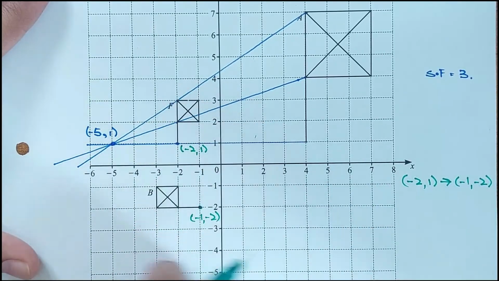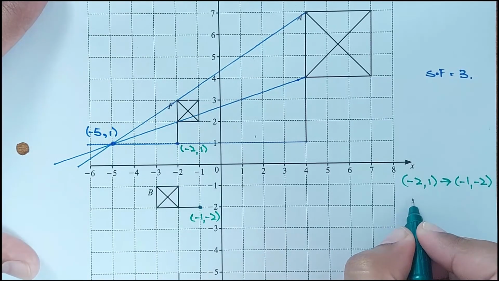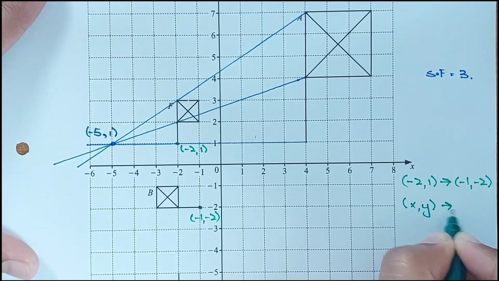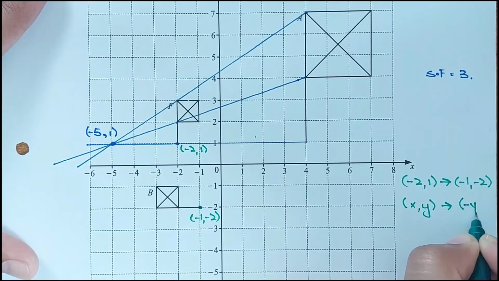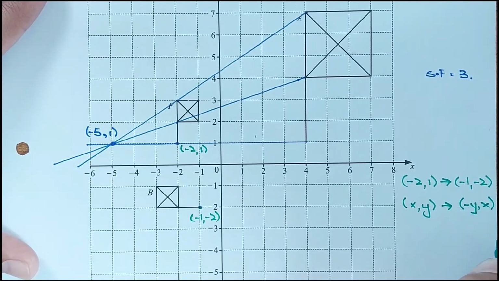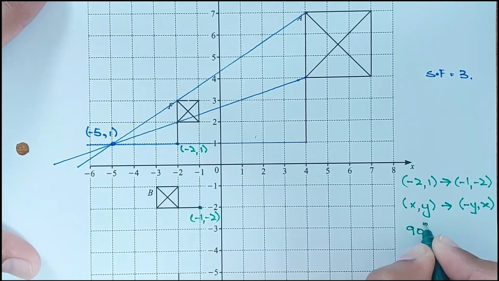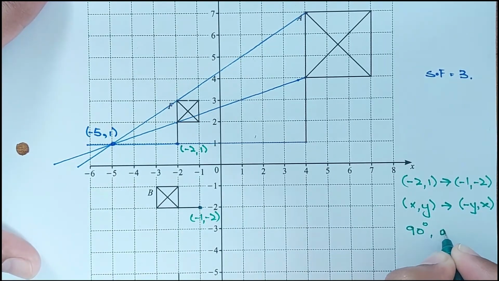It is understood that it is rotated, but how much it is rotated and how many degrees we can check. Okay, so it means (x, y) changes to (-y, x), right? So when (x, y) changes to (-y, x), we have a rotation 90-degree counterclockwise or anti-clockwise.